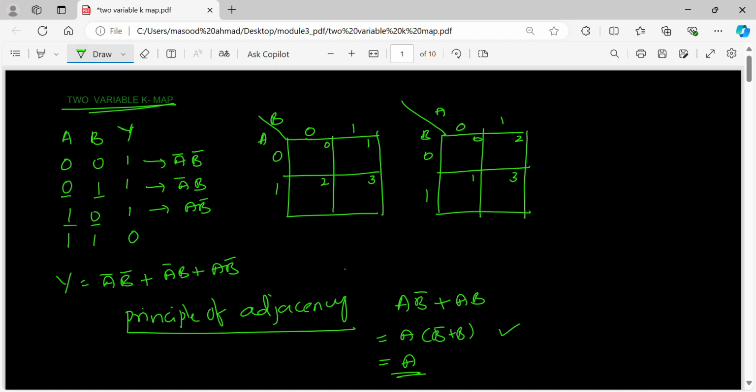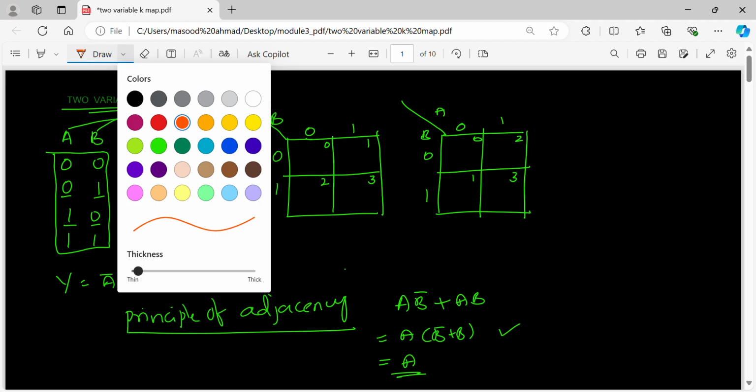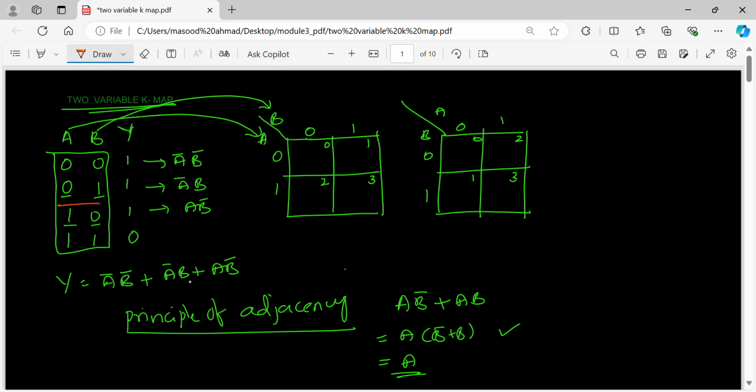What I am trying to do is map the whole thing. Now A is mapped over here, B is mapped over here. Because of this, the inputs 0 0, 0 1, 1 0 are mapped into cell numbers. If I take 2, the value 2 is mapped over here.